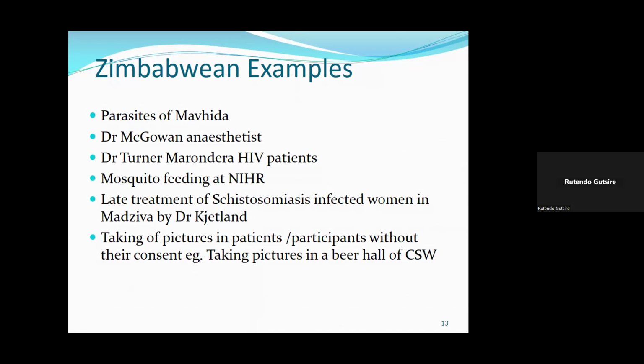Then Dr. Tena Marondera, in the 1980s, before we had any drugs for HIV available, tested povidone iodine, betadine. It's applied externally or topically on the skin for wounds, but he said if it can kill bacteria on table surfaces, and then he made his patients drink povidone, and 20 patients actually died.